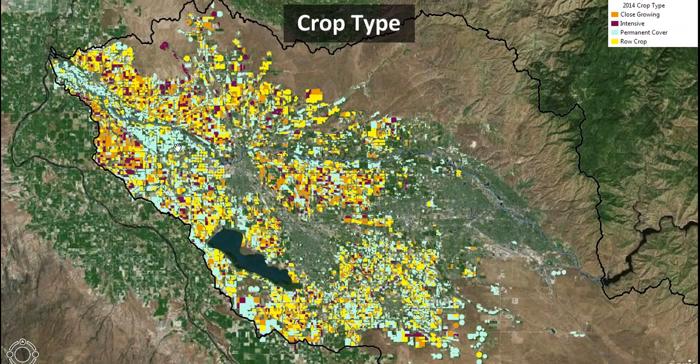And so not only did we use the crop types for each individual year, but we also did a look back, so one year previous, to see what sort of residue you might be able to expect left on the field after the harvest. And that has an impact on the type of runoff that you would also expect, having more resistance if you have residue left on that field. So pulling together all of those different crop data layers, we had about 10 years altogether worth of crop data for this particular analysis.